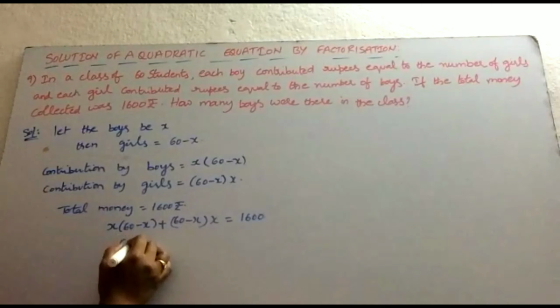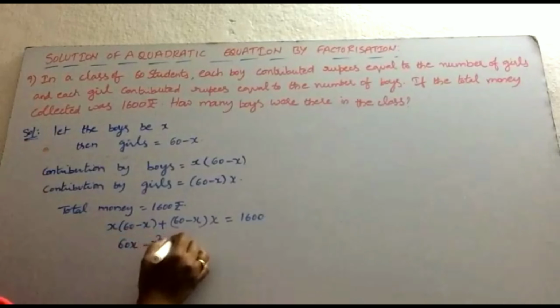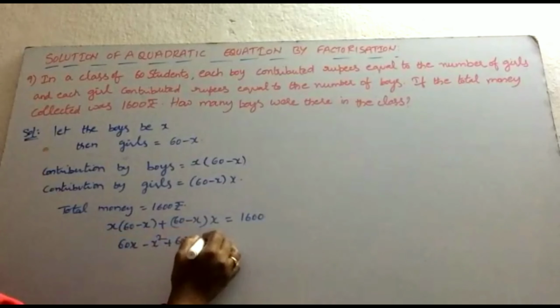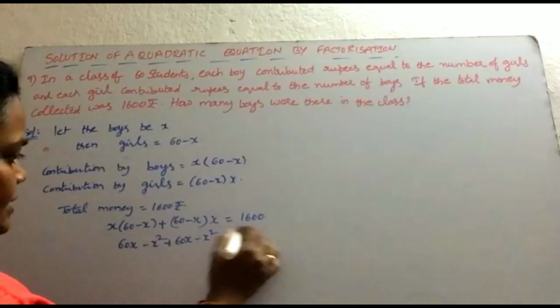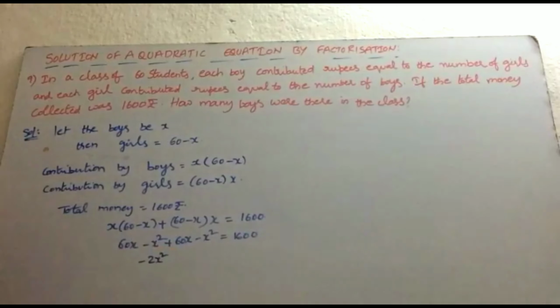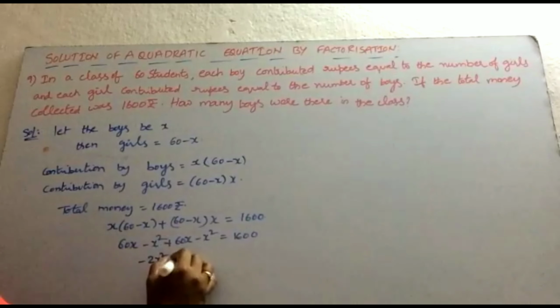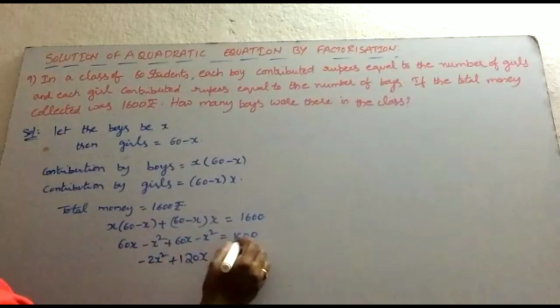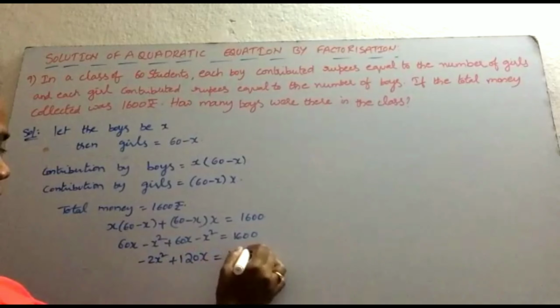Then 60x minus x square plus 60x minus x square equal to 1600. Then minus 2x square plus 120x equal to 1600.